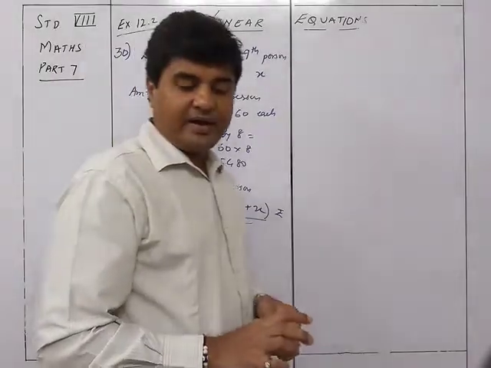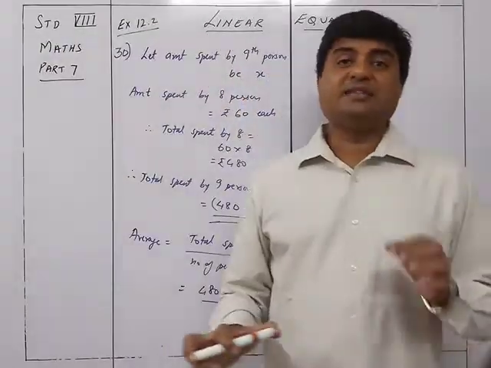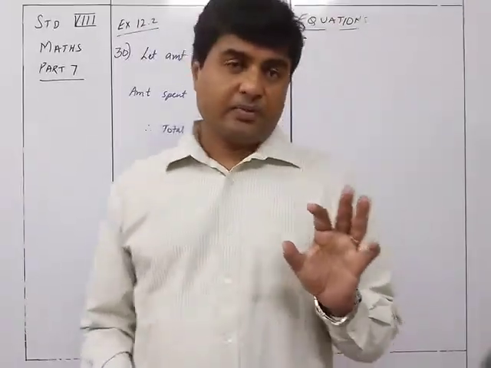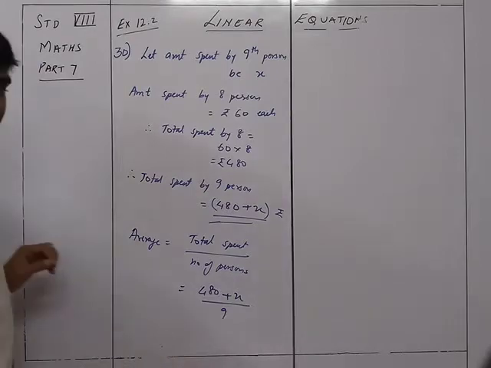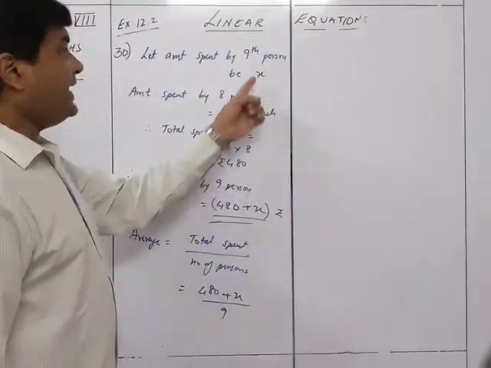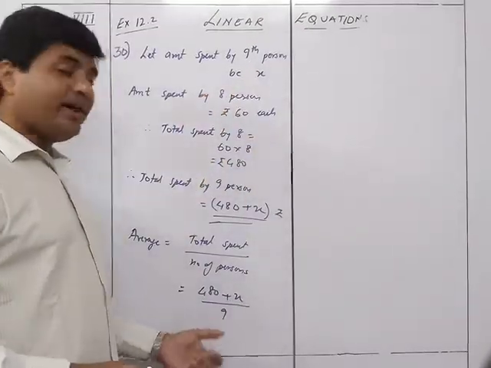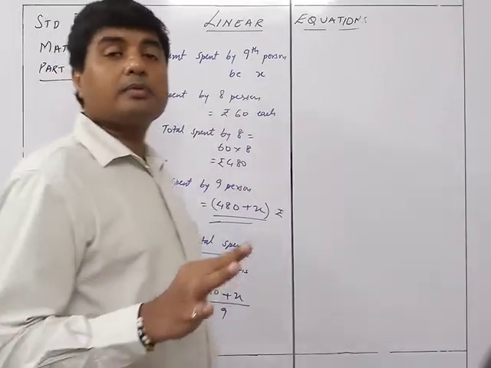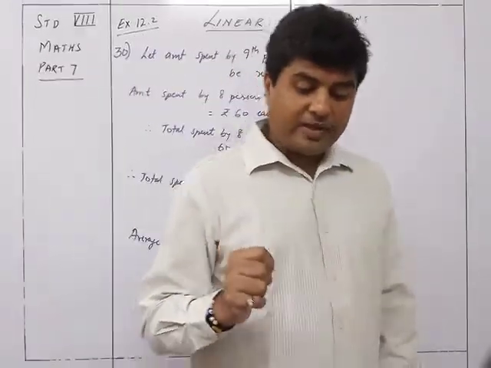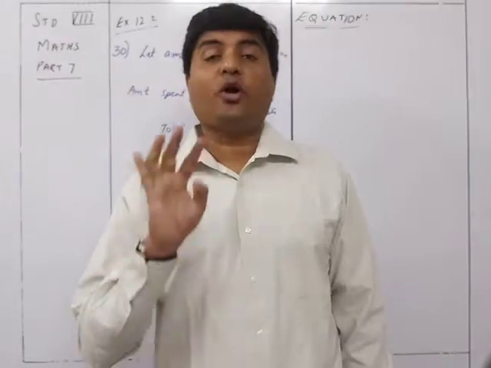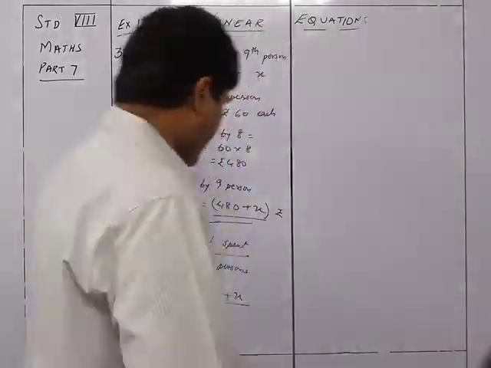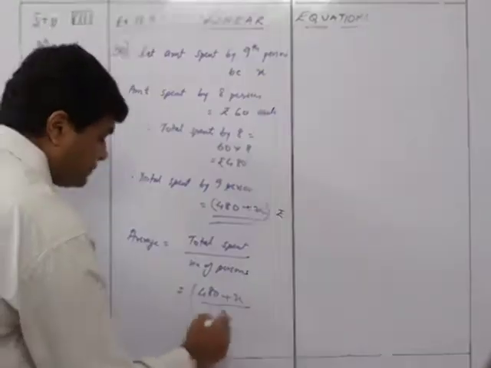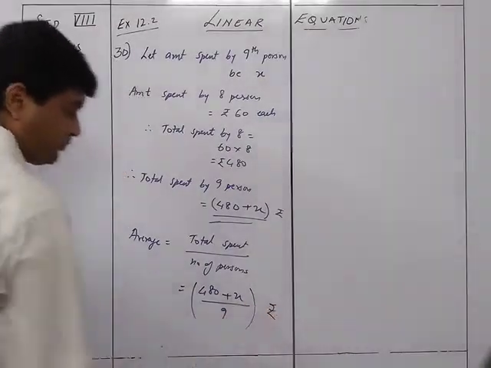Okay, 480 plus x upon 9 is the average of this thing. Now you know that this average spending, x is 40 more than the average. It is given to you that the 9th person spent 40 more than the average expenditure of all 9. So you know the average is this much. Average expenditure is this many rupees.